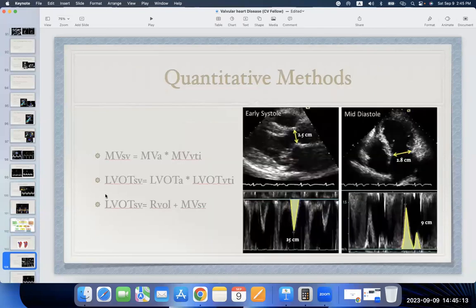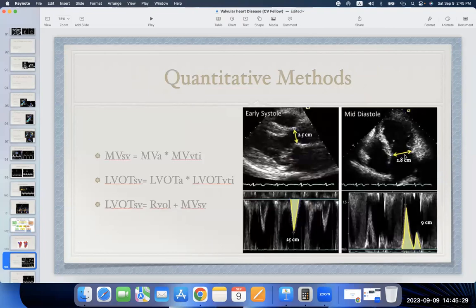So let's assume that we don't have MR, then you will do the same as what we did when we evaluated the MR. So you will calculate the stroke volume across the mitral annulus.